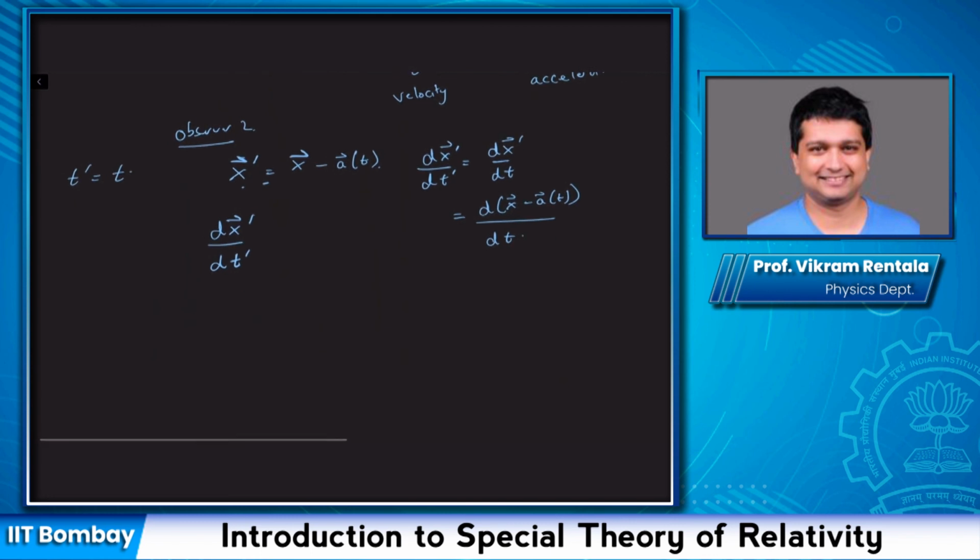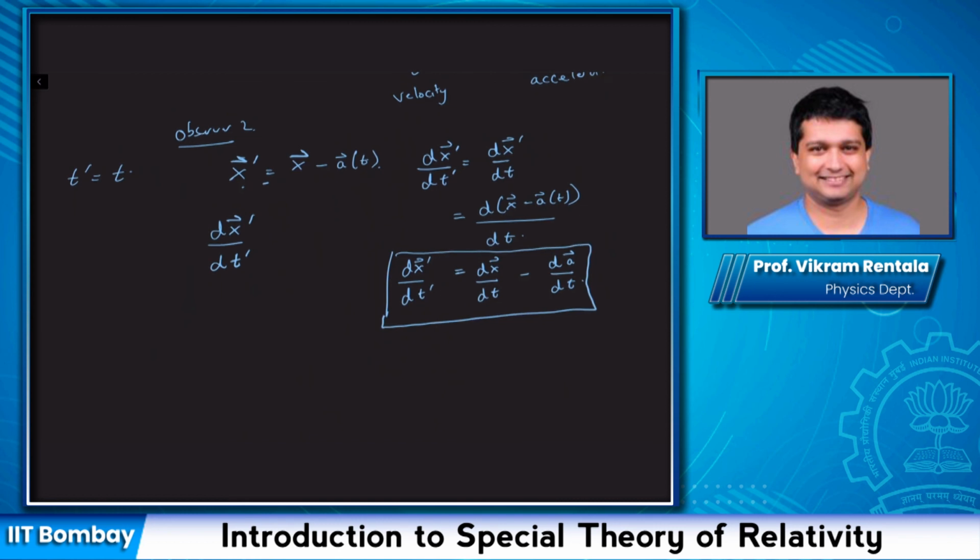Okay, and so now if I differentiate this further, what I get is dx bar dt minus... so this is a dictionary that we've now derived for velocities.